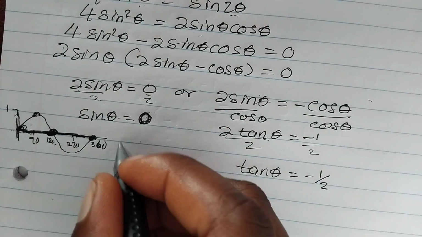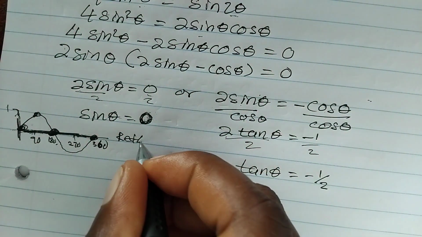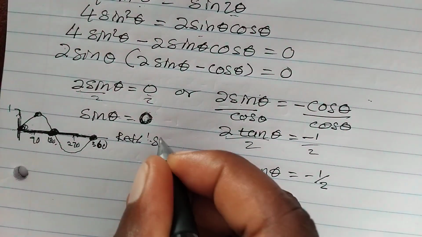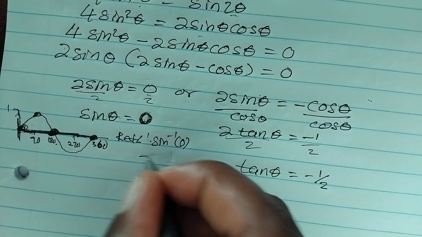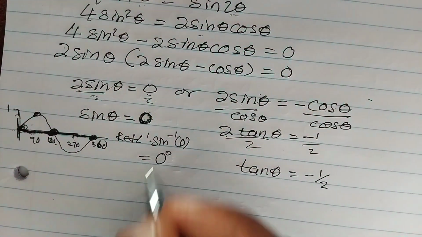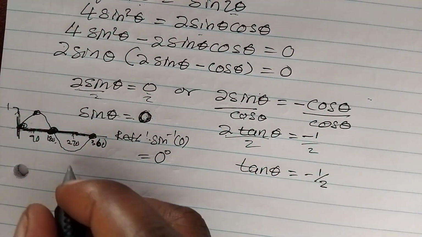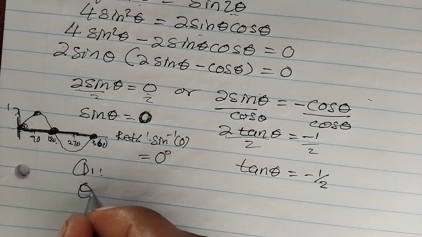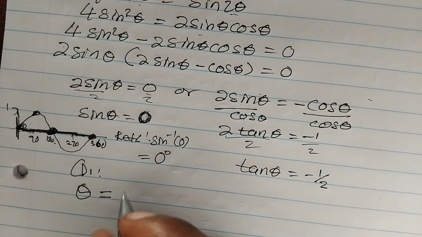So that means when you find this, let's find the reference angle. The reference angle for this is sine inverse of 0, which is just 0 degrees. Then we use quadrant 1. Quadrant 1, it says what? Write down your angle, then equal to what?